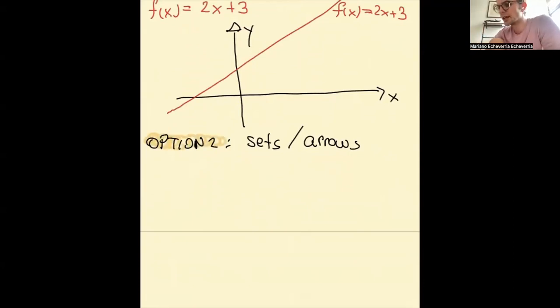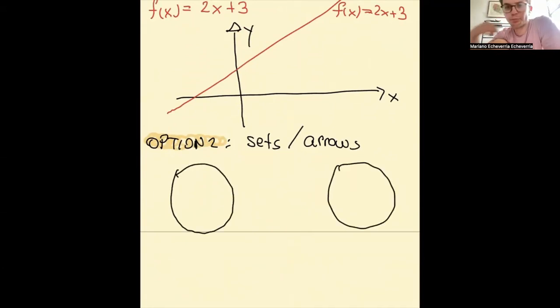So what do I mean by this? Another way to represent this is that you could draw two ovals, two circles. On the first circle, you're going to put the values of x, and on the second circle, you're going to put the values of f of x.